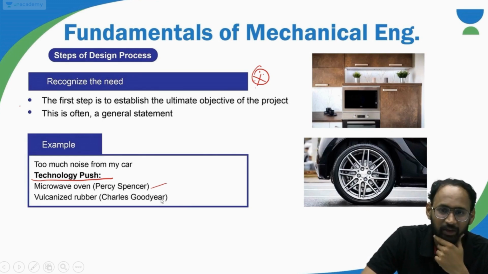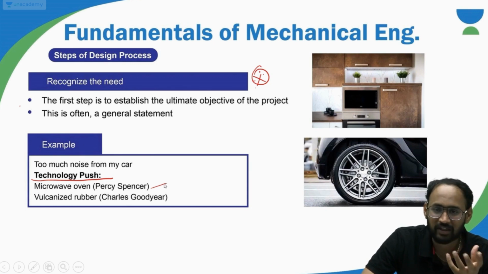I think it was also one of those accidental innovations, where a food product he was having during his experimentation melted, right? And then there was a need, that this technology can be used for the kitchen, or for food purposes. So use the radiation to heat the food items. So that's the basic working here.